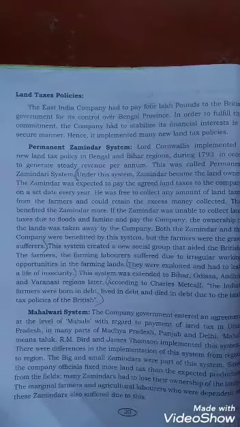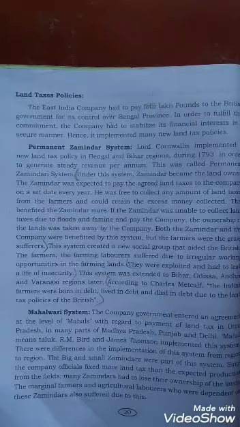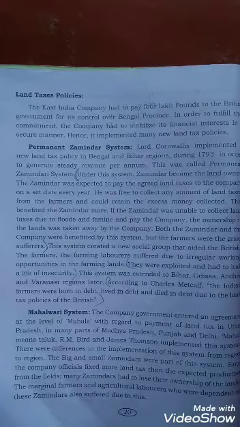According to this system, the big and the small zamindars, landowners, were part of it. Here, British officials fixed more land tax than the expected production from the fields. Because of this, many zamindars had to lose their ownership also.